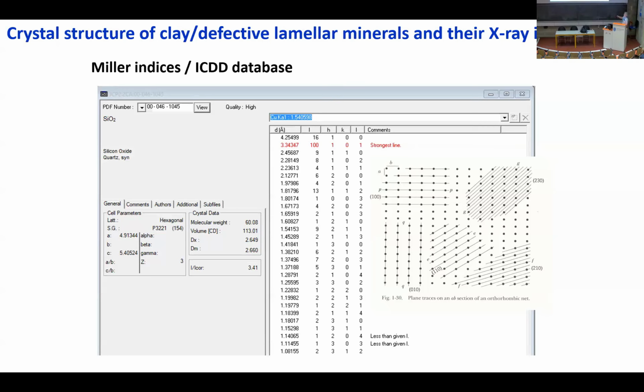So I have this 4.26 angstrom peak, 3.34, etc. And all these correspond to different periodicities that are present in my sample.